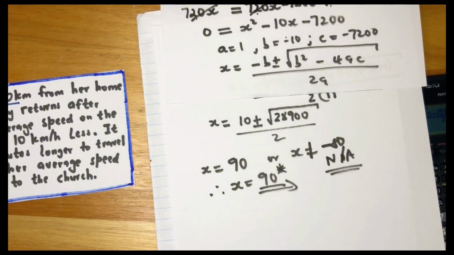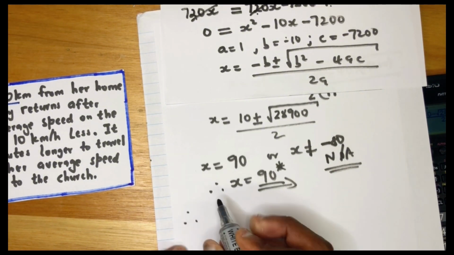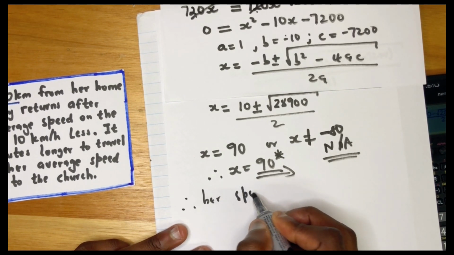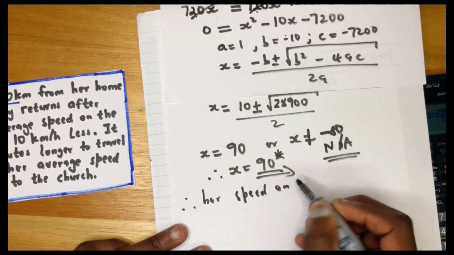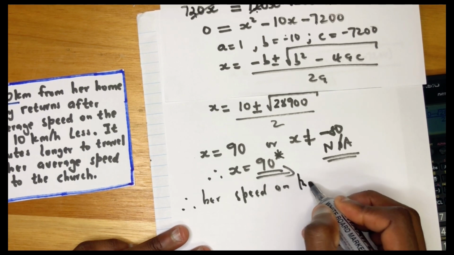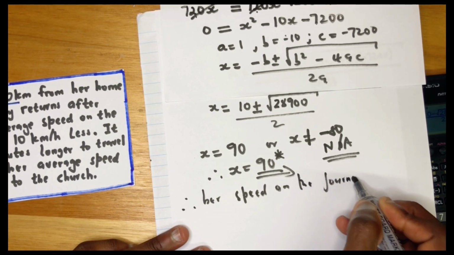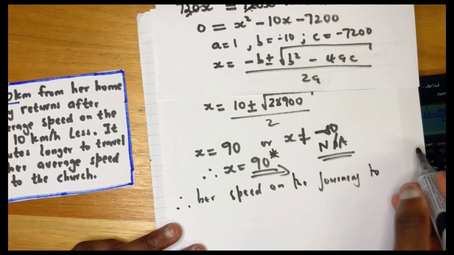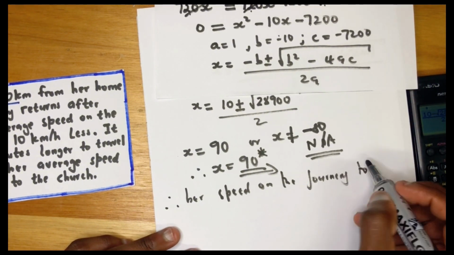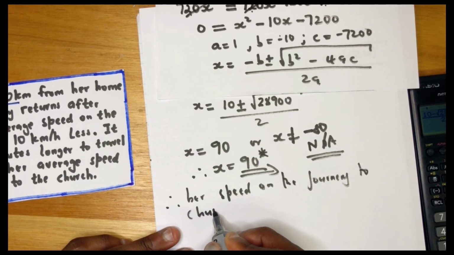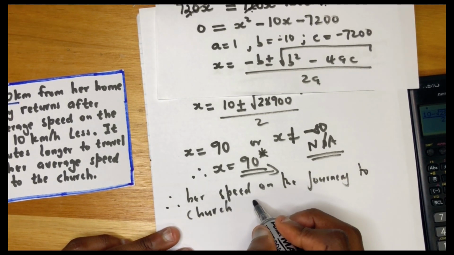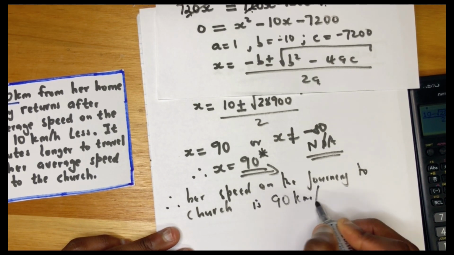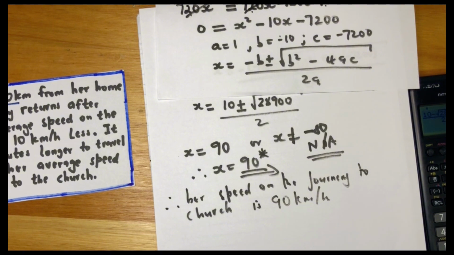So then I'm going to conclude that therefore her speed on the journey to church is 90 kilometers per hour.